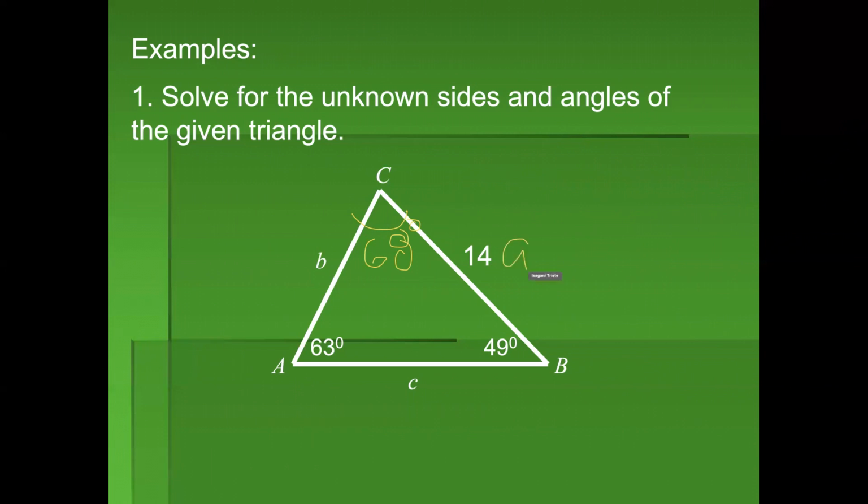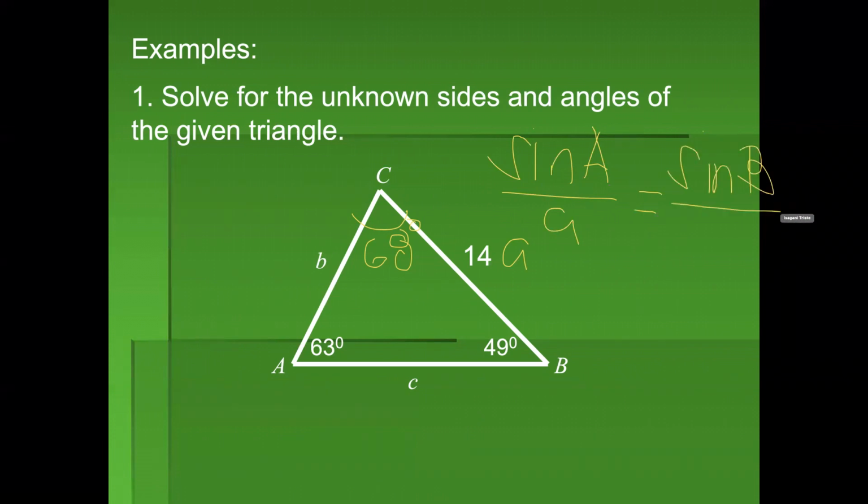So this is side A, and we need to solve for sides B and C. Here, the given are angle A and side A, and then we are given angle B, which is 49, and we need to solve for side B. So with that, let us use the pair of A and B using the presented formula earlier, and that will be sine A over A equals sine B over B. Then let us substitute the given values from the given triangle.